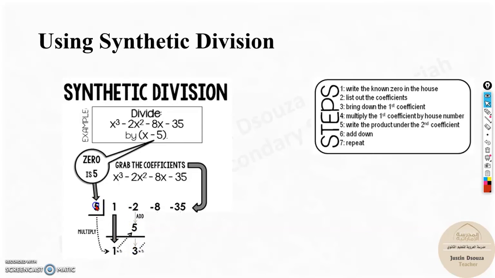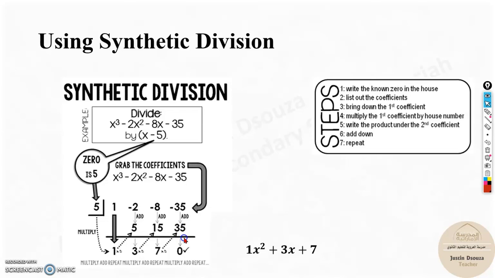And then multiply it with 5, and write it over here. Again, after that, you need to add it up. So add 15 and minus 8, it will be 7, times 5, you'll get 35. Add it, it's 0. If there is a number over here, that is the remainder. If there is no number, that means it's 0, and there you stop. So this is how it works.